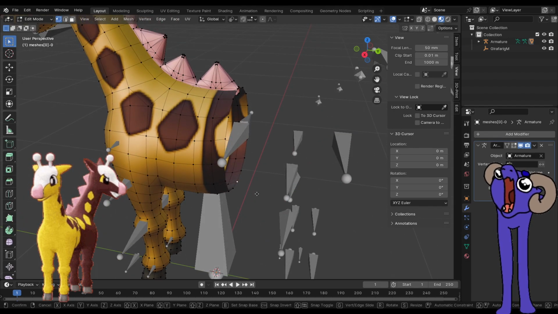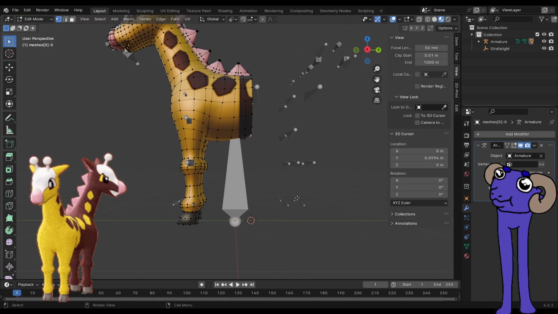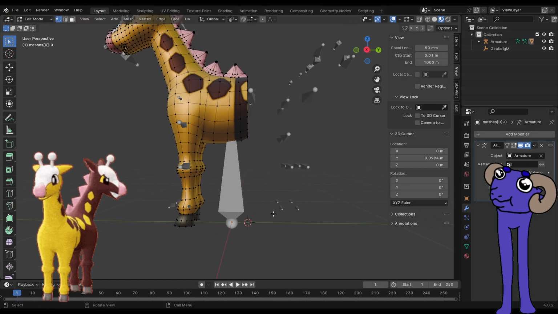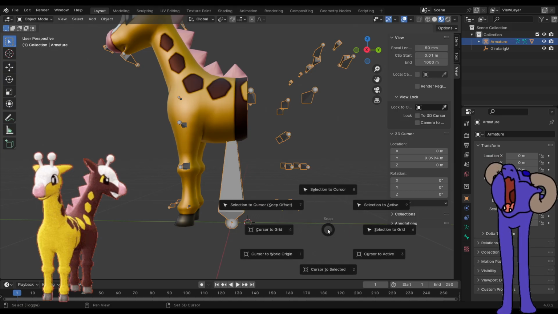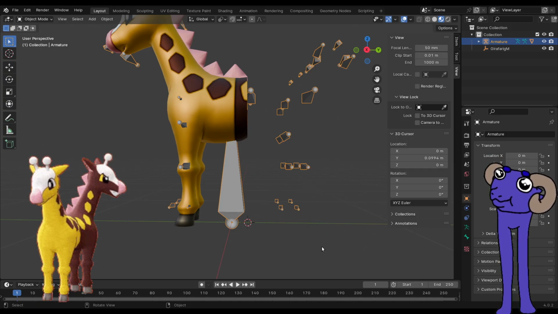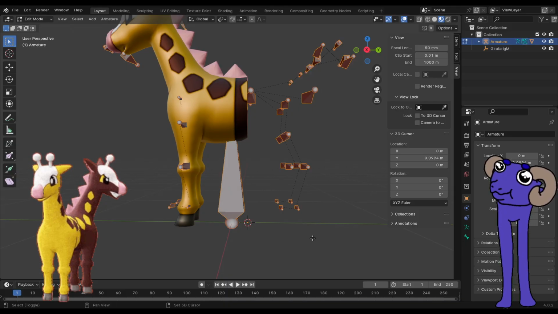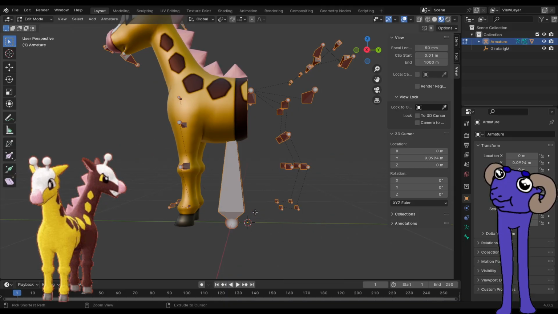But if I were to accidentally duplicate a bird, if I shove this here, and then I set your origin to the 3D cursor. Oh jeez.